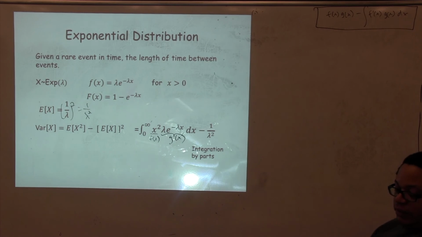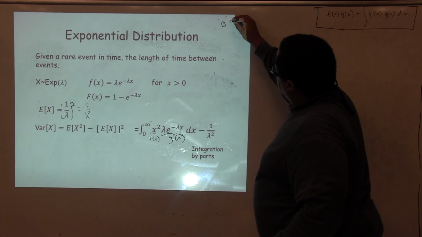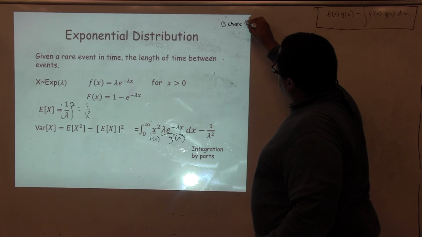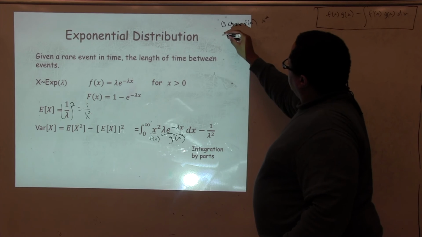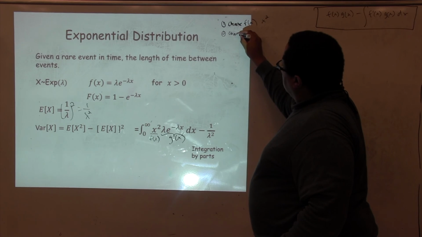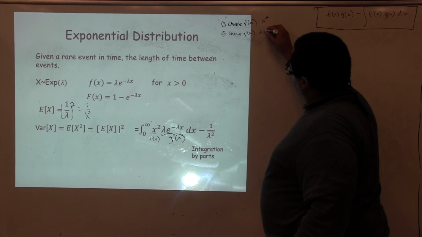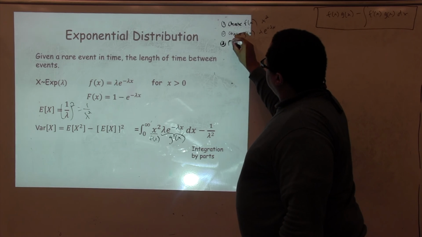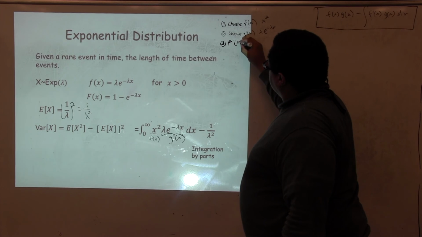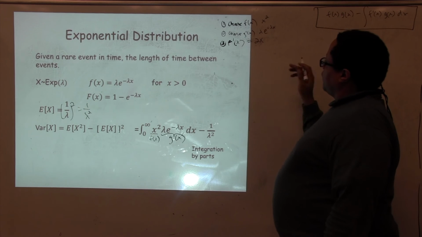So again, step 1 in integration by parts, we're going to choose our f of x. We did that. f of x is x squared. We're going to choose our g prime of x. That's our lambda e to the minus lambda x. So now we're going to compute our f prime of x. That's just 2x, the derivative of x squared.